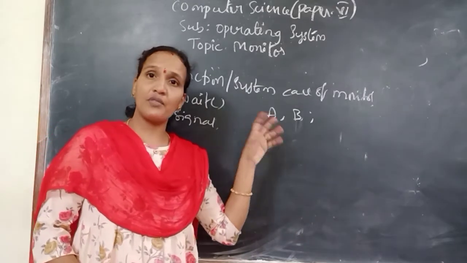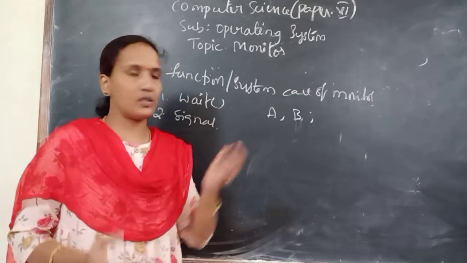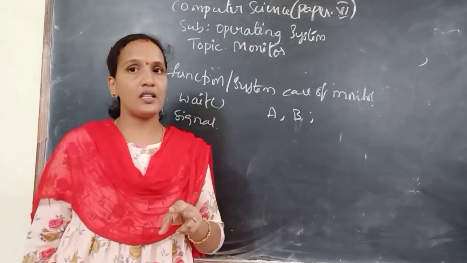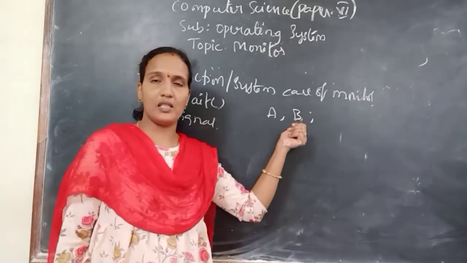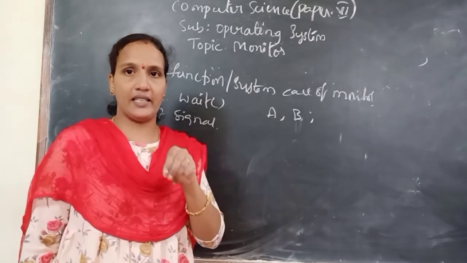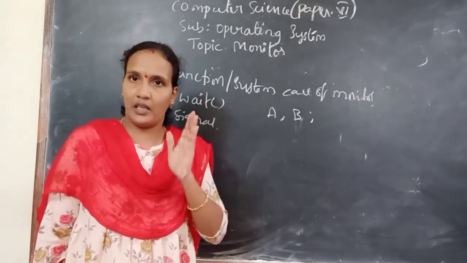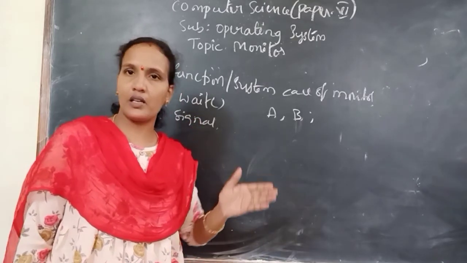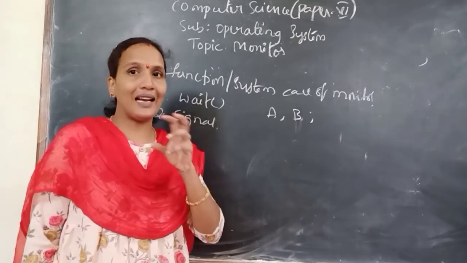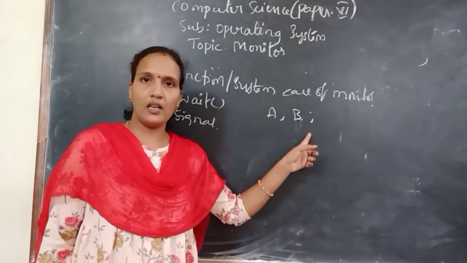Here A contains some shared resource and B contains some shared resource. A and B are called conditional variables because they store the state of the resource. What is the state? It means whether that resource is used by someone or is idle. That state information is given by the conditional variable.